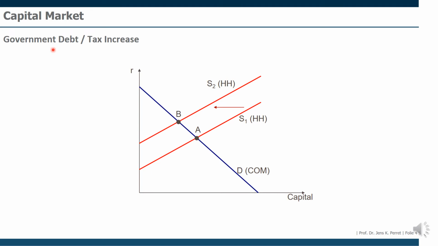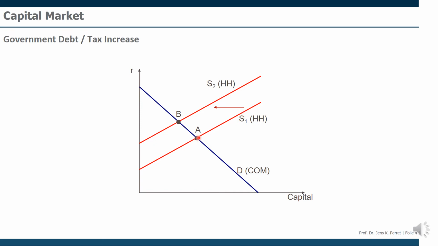So if we have government debt, this means that via the capital market, we will have an increase in the interest rate. Well, the same thing happens if we have a tax increase, because the disposable income will decrease. And if the disposable income decreases, we'll also have less savings.